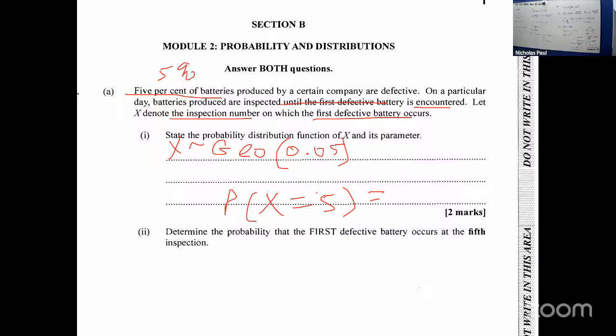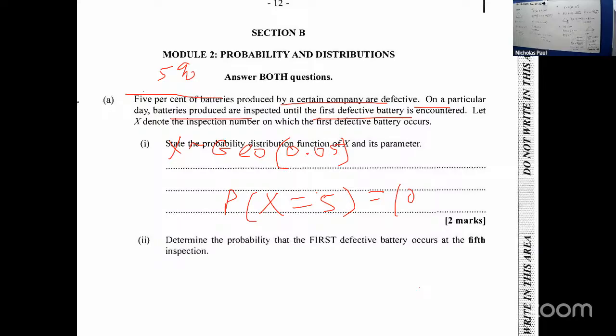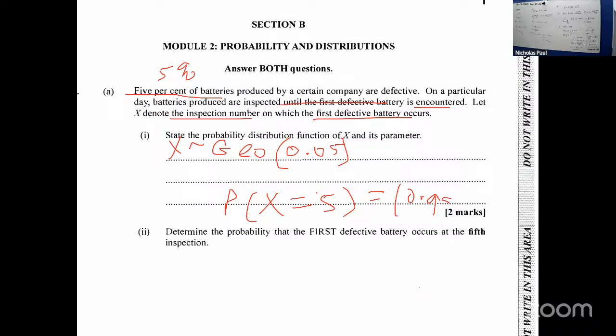Right, so most of you will recognize already that it is q to the r minus 1, times p. q will be 0.95. So 0.95 to the power of 4, times p, which is 0.05 to the power of 1.